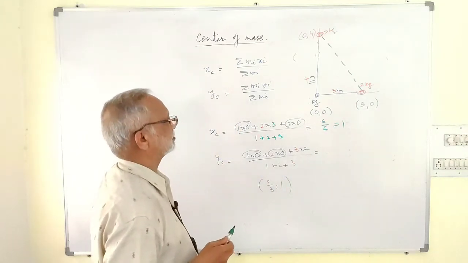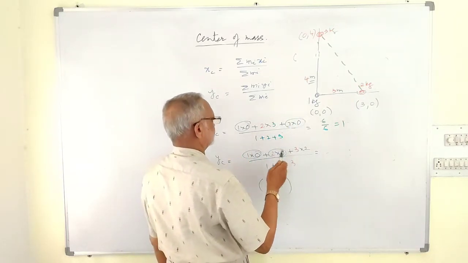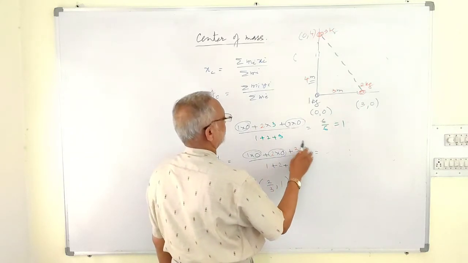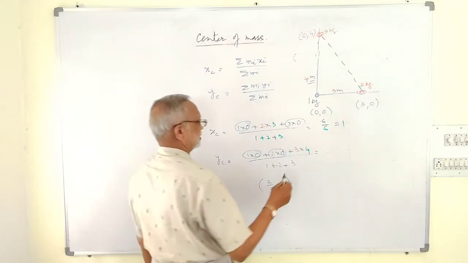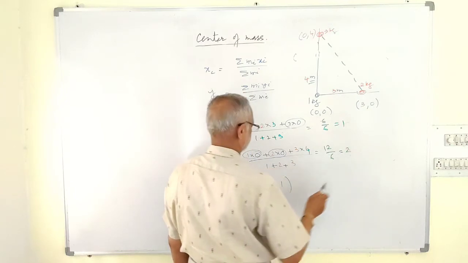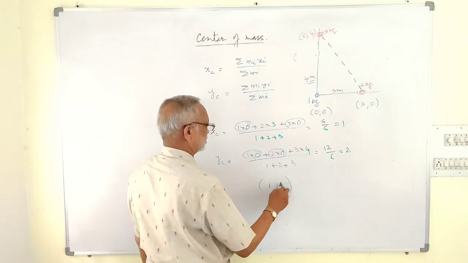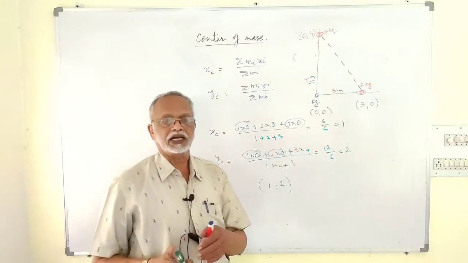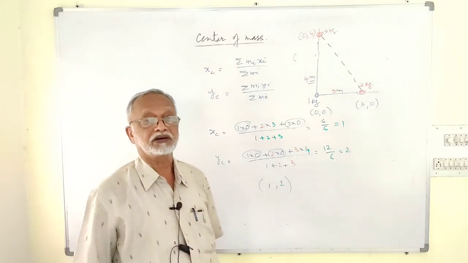For finding yc: m1 y1, 1 into 0, m2 y2, 2 into 0, m3 y3, 3 into 4 now, divided by 1 plus 2 plus 3. 3 4s are 12, 12 by 6, this is 2. So the coordinates are 1 comma 2.